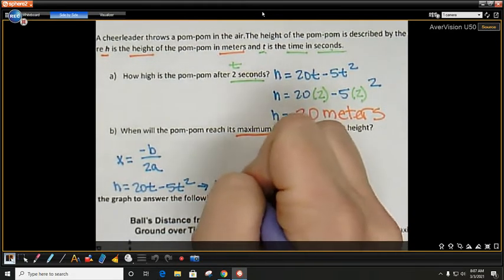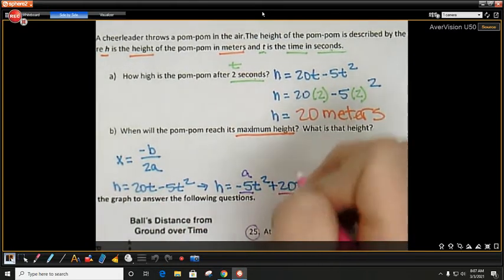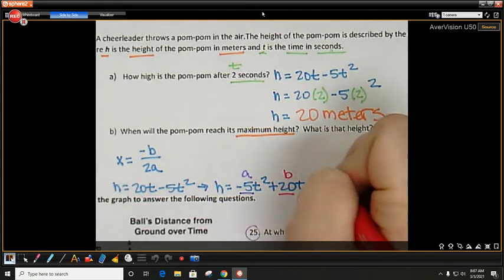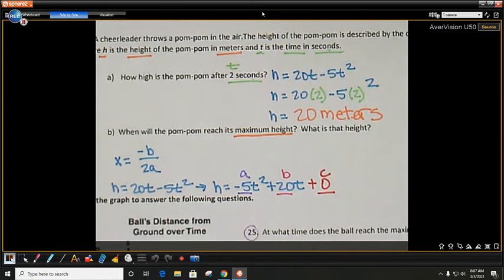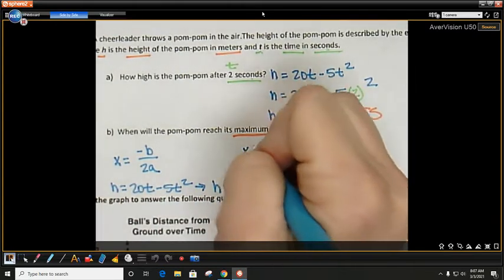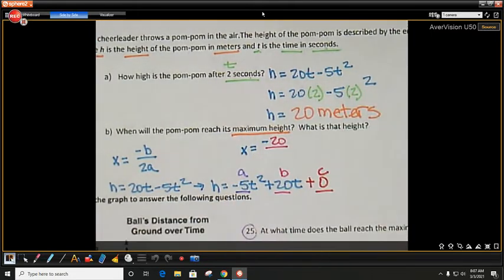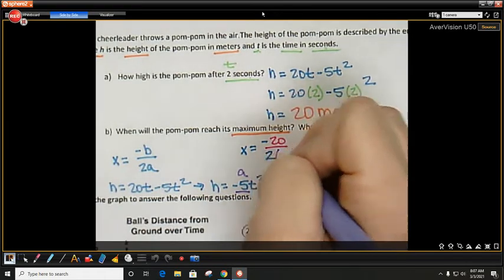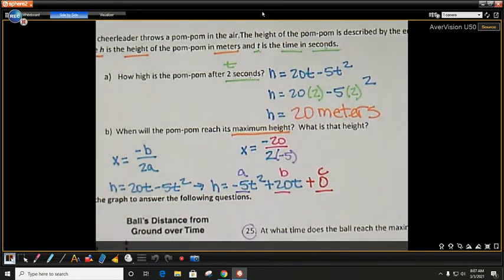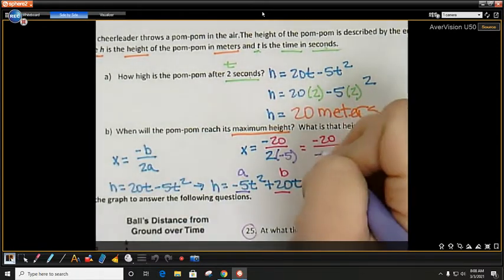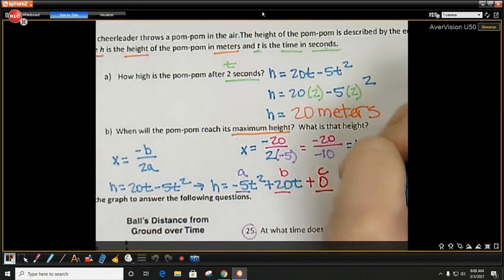This is my a value, this is my b value, and my c value is 0 because I don't have one. So we're going to use the formula x equals negative b over 2a. x equals negative b, which is 20, over 2 times a, which is negative 5. That gives me negative 20 over negative 10, which means x is 2.